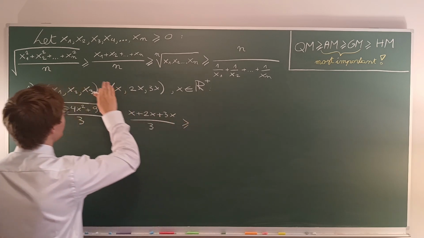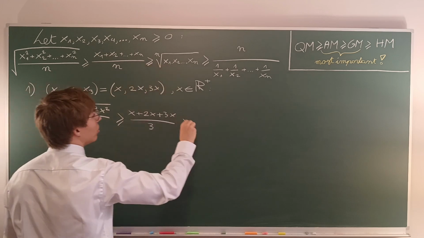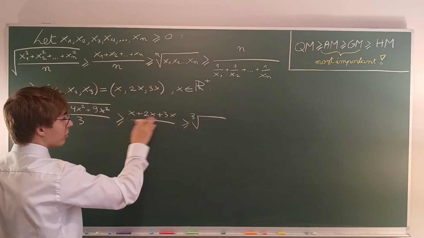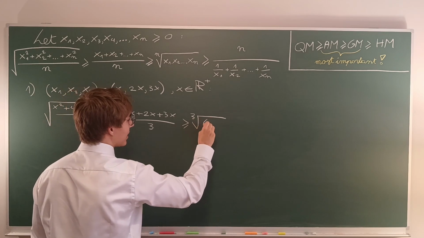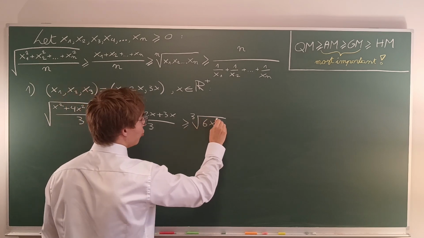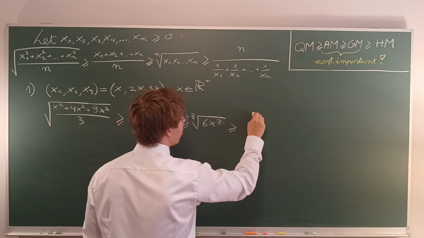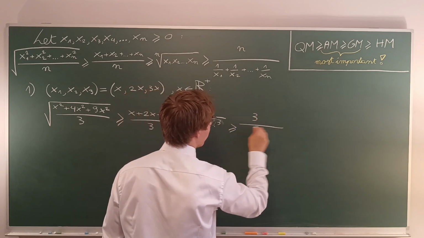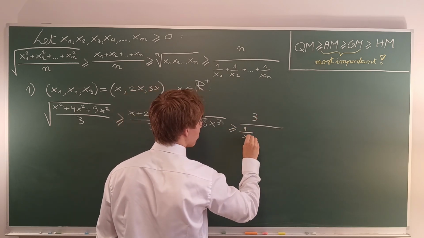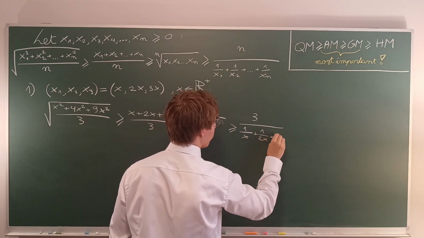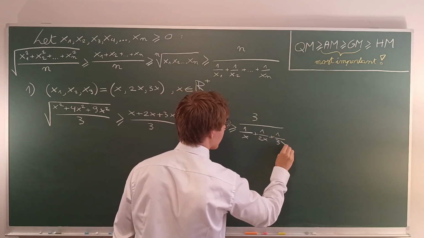That is greater than or equal to the third root of the product, which will be 6x cubed, and that is greater than or equal to 3 over (1 over x plus 1 over 2x plus 1 over 3x).